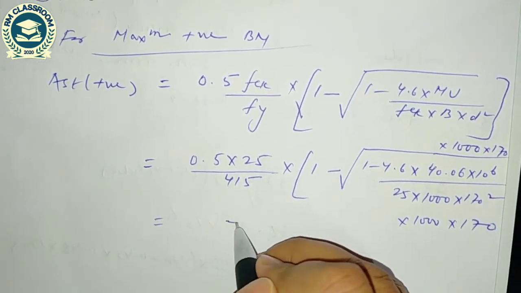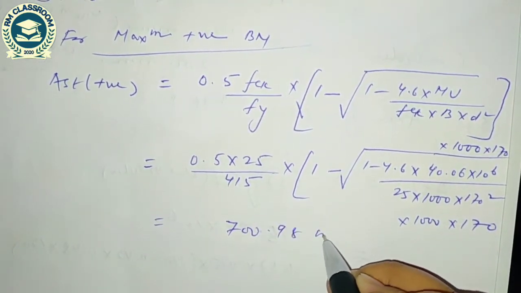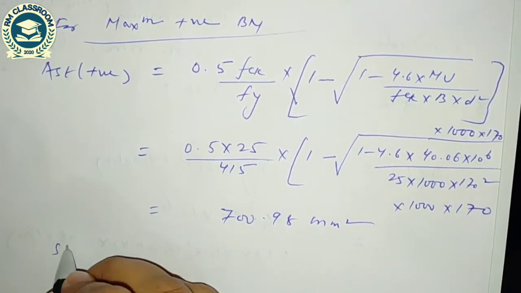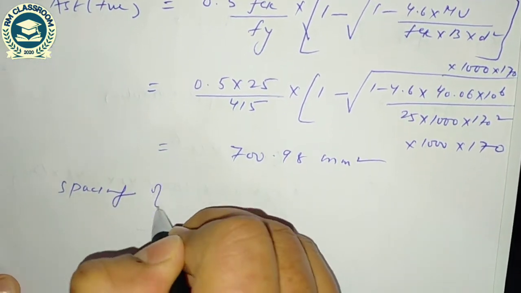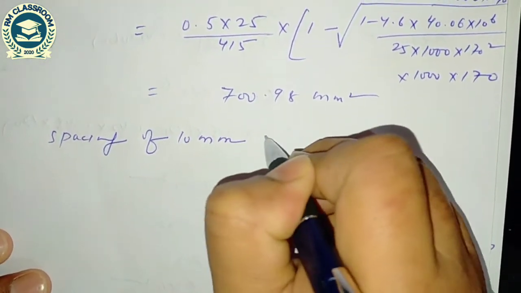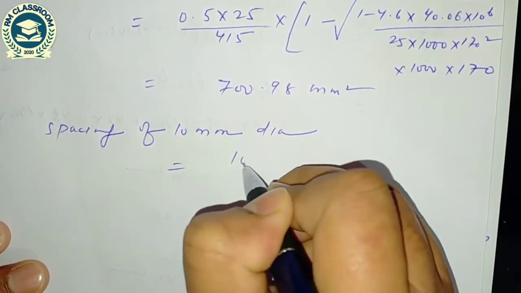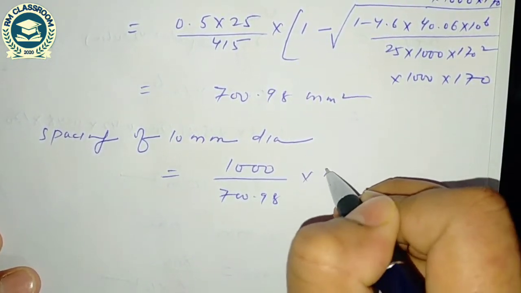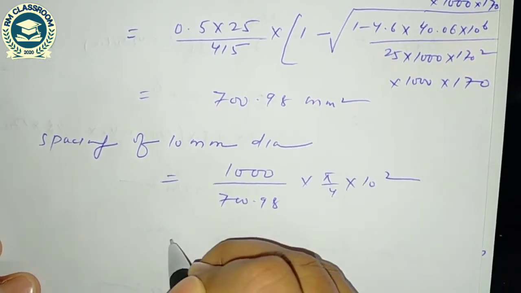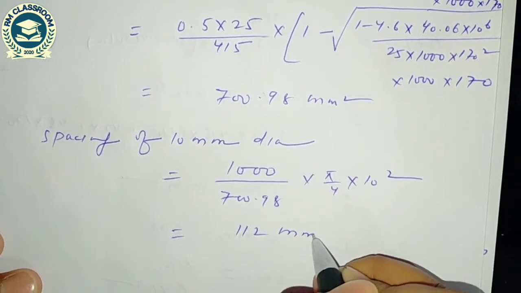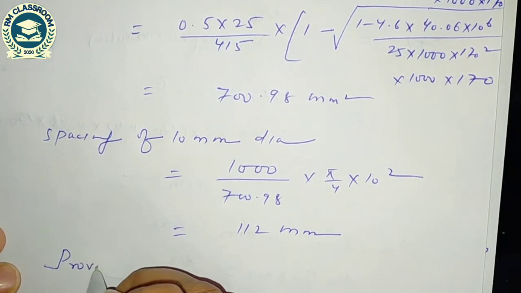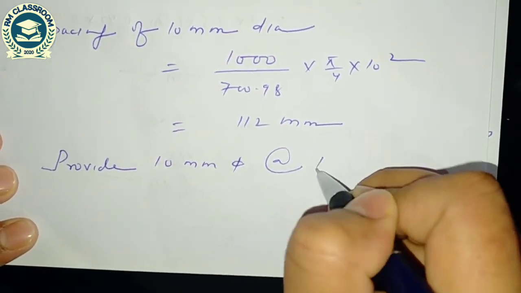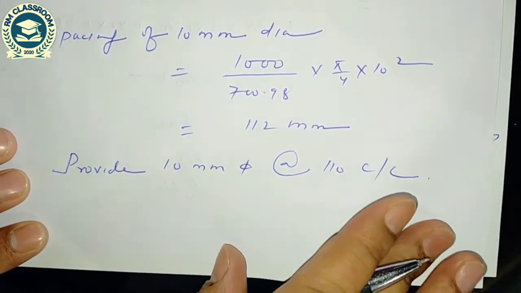So it is coming 700.98 mm square. So spacing of 10 mm diameter is 1000 divided by 700.98 into pi by 4 into 10 square. So it is coming 112 mm. So provide 10 mm phi at the rate of 110 center to center.